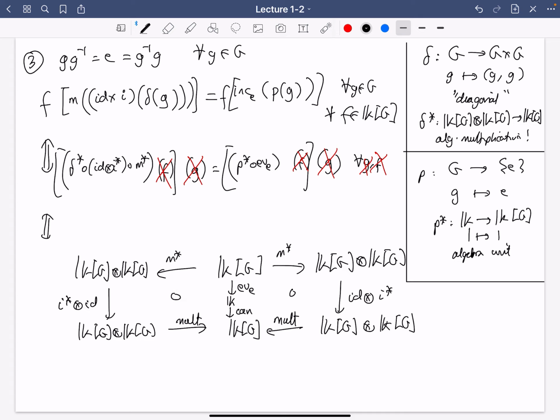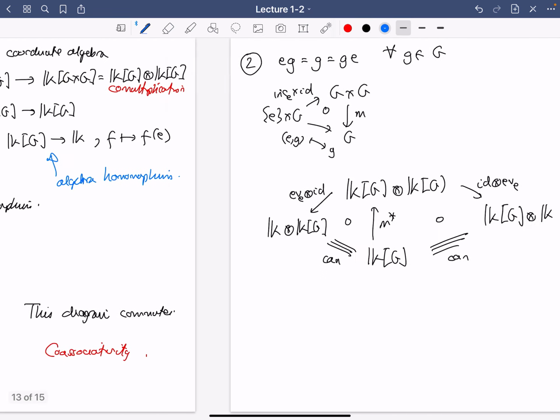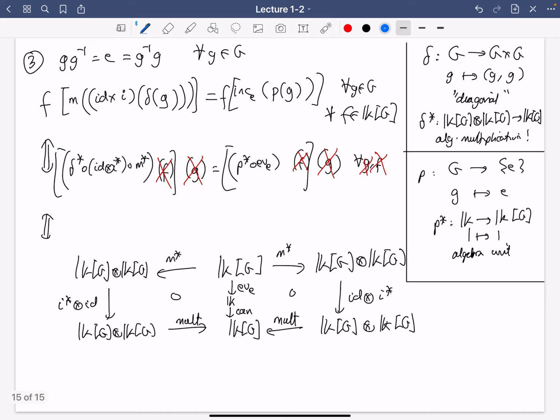That has to commute. So what I already had was the co-associativity, the co-unit property, and this is the antipode property.